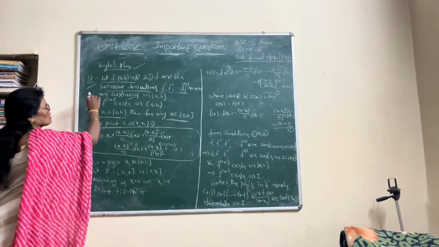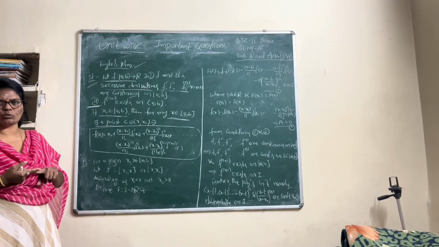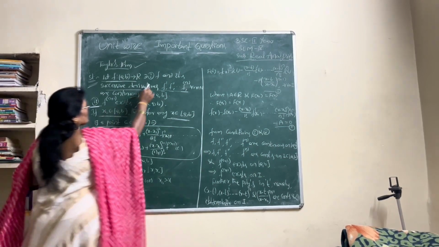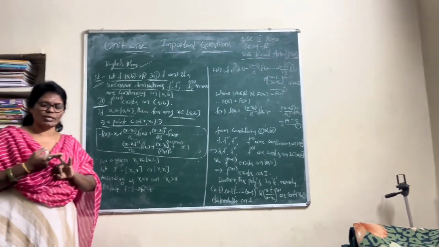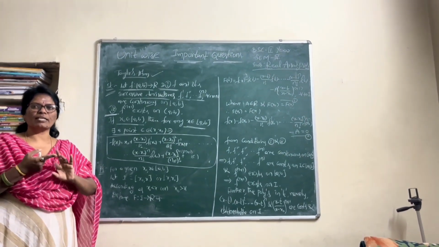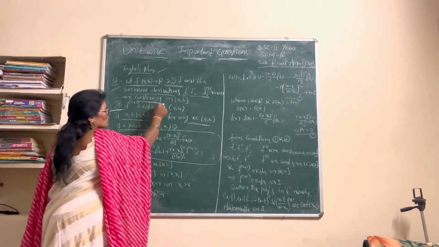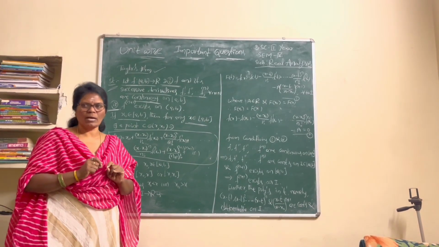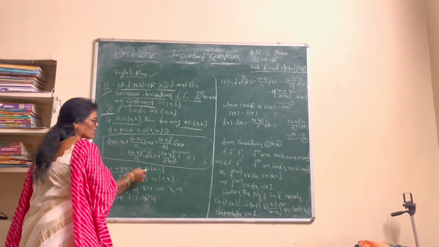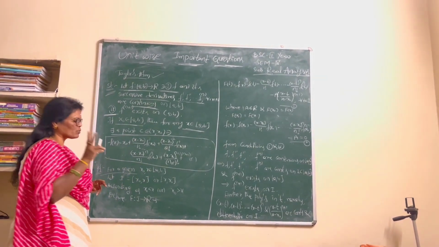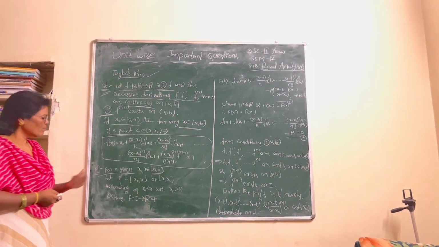Here the function is a mapping from the closed interval [a, b] to R. The first condition given is that f is continuous, which means we take successive derivatives f', f'', and all the derivatives should satisfy the continuity condition on the closed interval [a, b]. For the given x naught and x, we choose two elements in the closed interval [a, b].